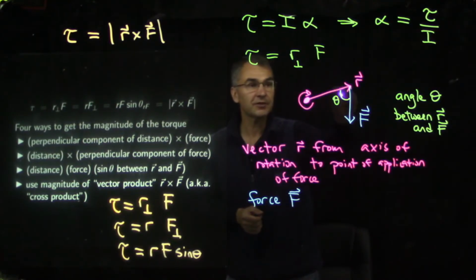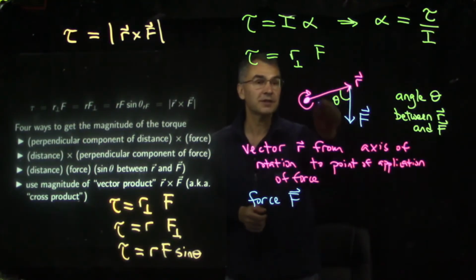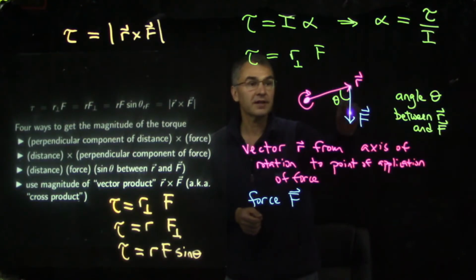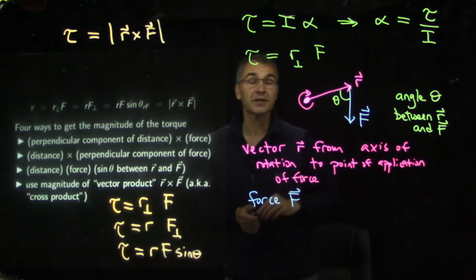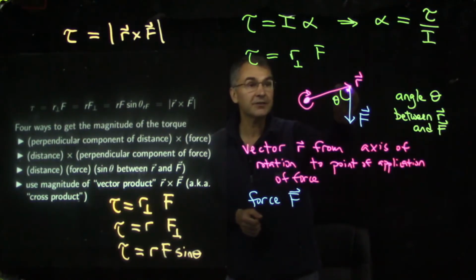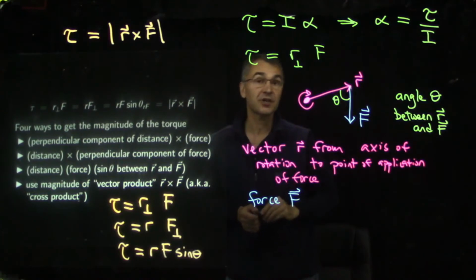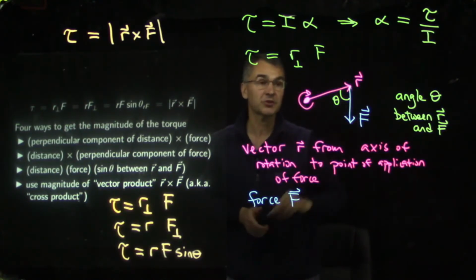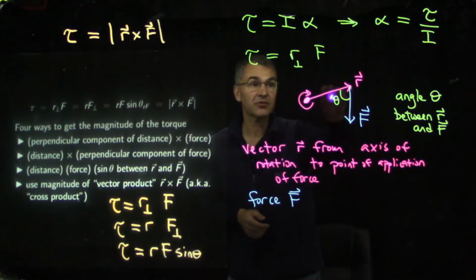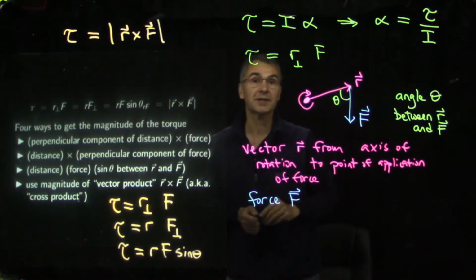In general, there's some angle theta between the displacement vector r and the force F. If these were perpendicular to one another, then that angle theta would be 90 degrees, and the sine of 90 degrees is 1. So ideally, you would like this displacement vector and this force vector to be perpendicular to each other, and then multiplying by the sine of this angle is just multiplying by 1.